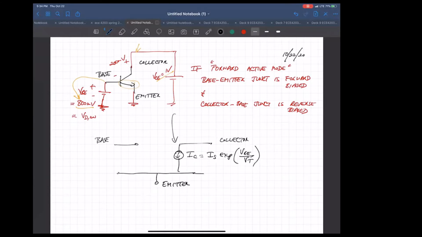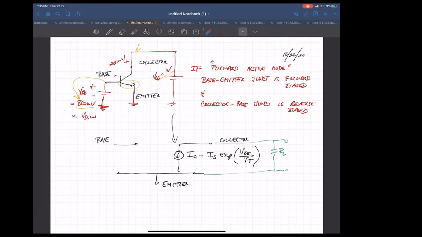And we said this would be a really good thing because now we can use this as a gain element or amplifier. There are a bunch of things you can do, but one thing you can certainly do is put an external resistor across this and get voltage gain, potentially, depending on where you are. So you get this exponential change in collector current with the input voltage.